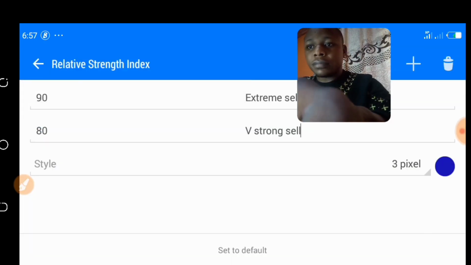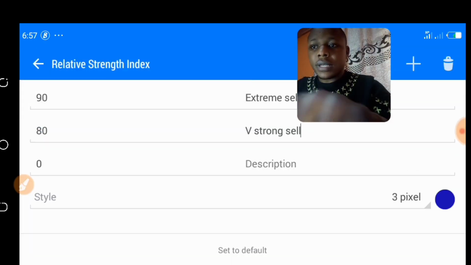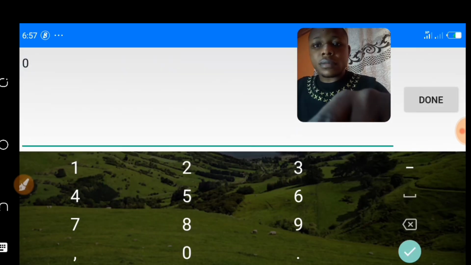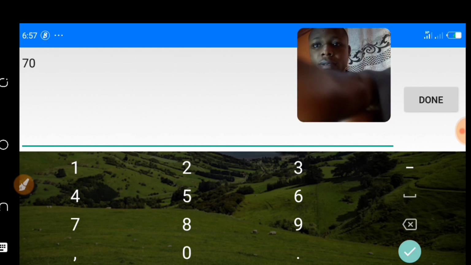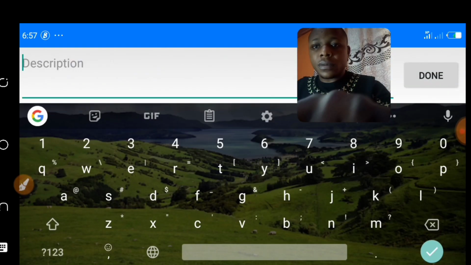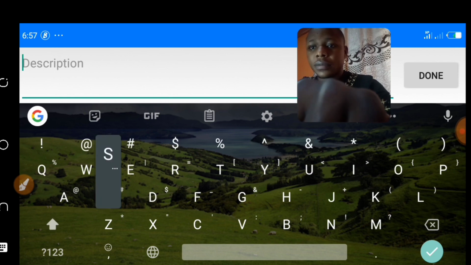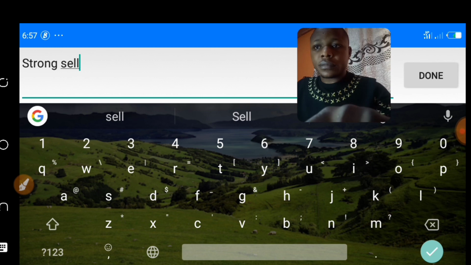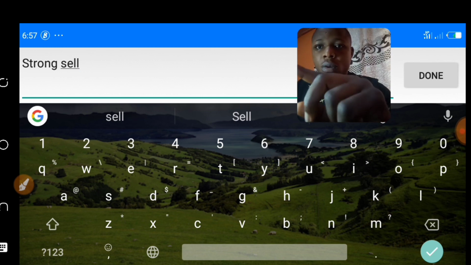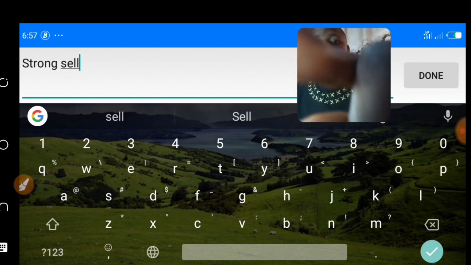Click on plus button again, click on the 0, 70. That 70 will be strong sell. So we won't add 60, so only what we go for is 70 and above.